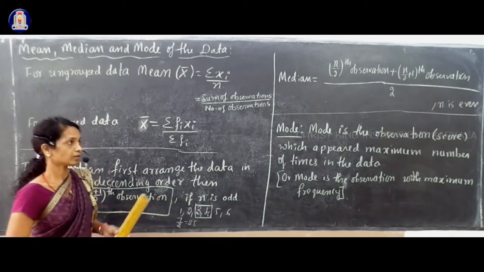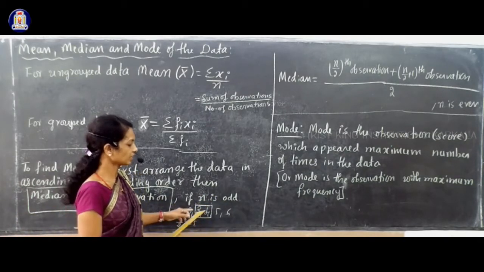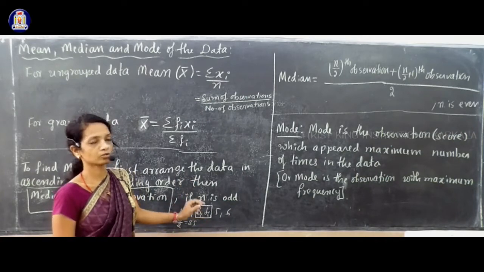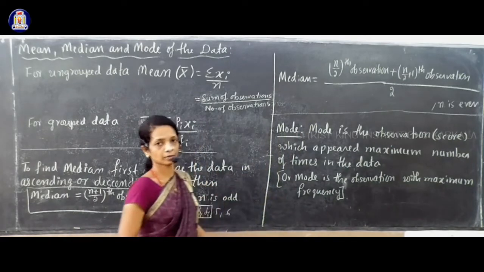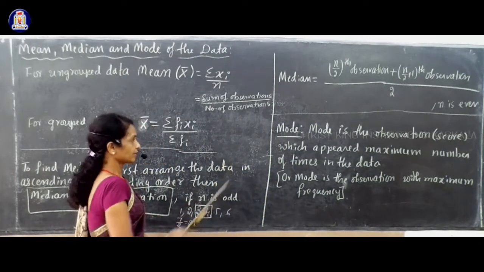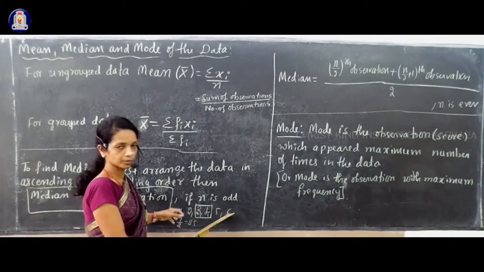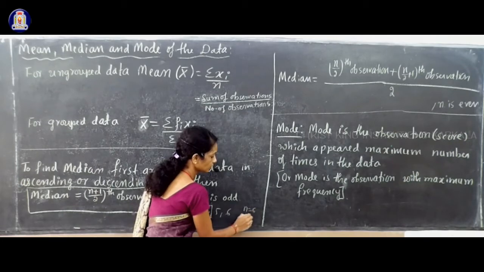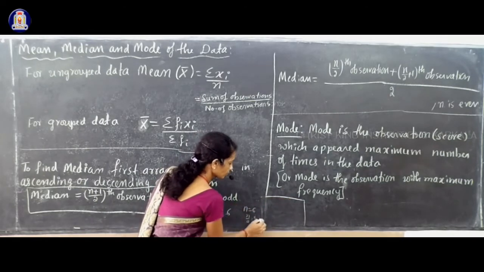But if you are given a large even number of observations, then it is difficult to see which are the two middlemost observations. At that time, you have to use this formula. If I apply that formula here, what is n? Total how many observations do you have? 6. So n is equal to 6. What is n by 2? 6 by 2, that is 3.